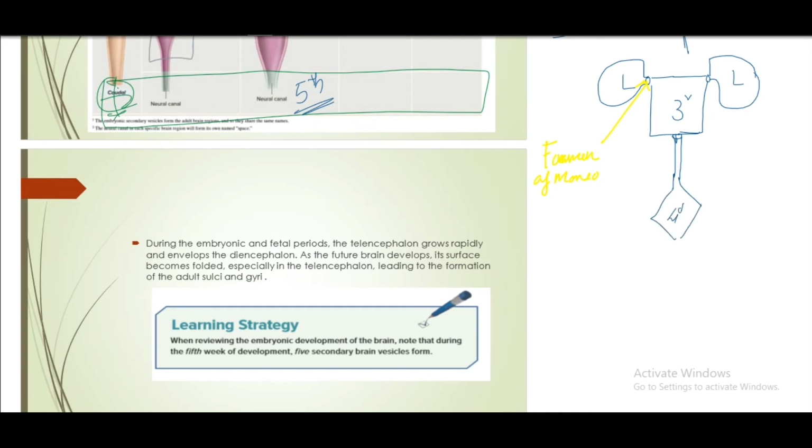This is fourth ventricle. This canal is the cerebral aqueduct. And fourth ventricle has two parts, this is superior part and this is inferior part. Okay, understand?